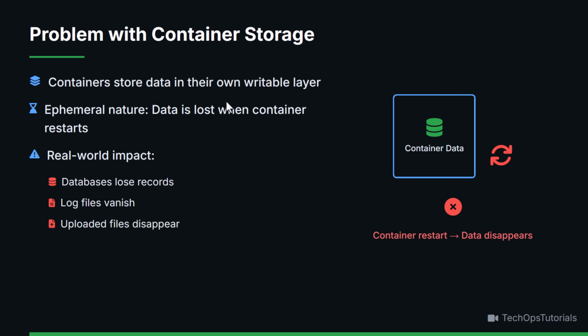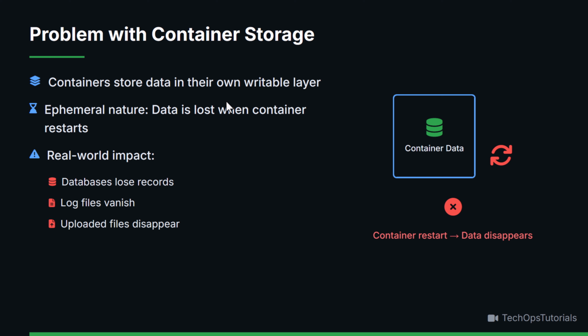Now let's talk about one of the biggest challenges with container storage. By default, containers store data in their own writable layers. The problem is this storage is ephemeral, which means if a container restarts, all the data inside will be gone. Think about the impact this can have in real life.